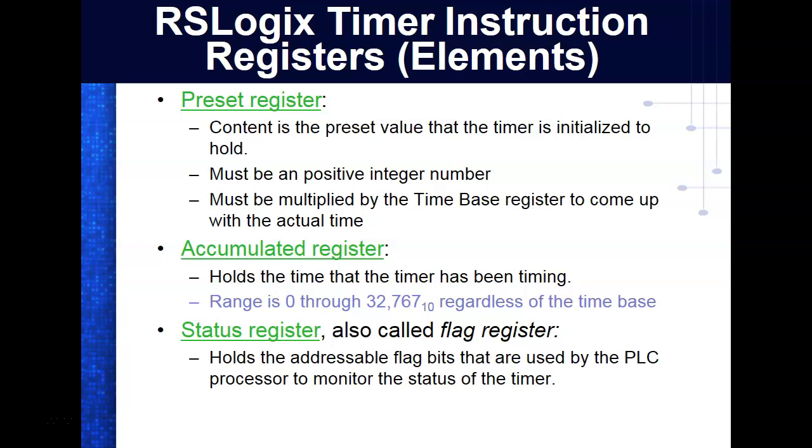I can put 50 in there, multiply 1 every time for 5 seconds. We got another register called the preset register. That's the number. It's called the time base. I'll have to show you all that next. What's the accumulator?